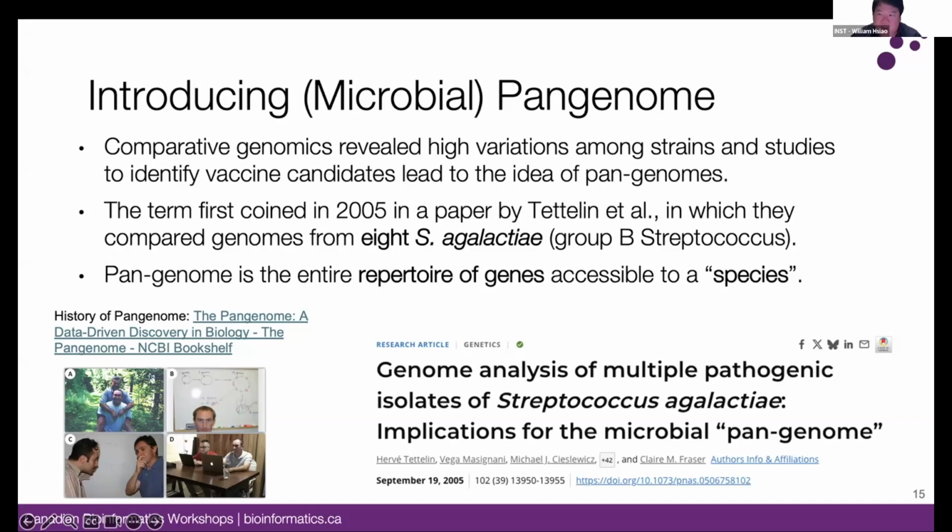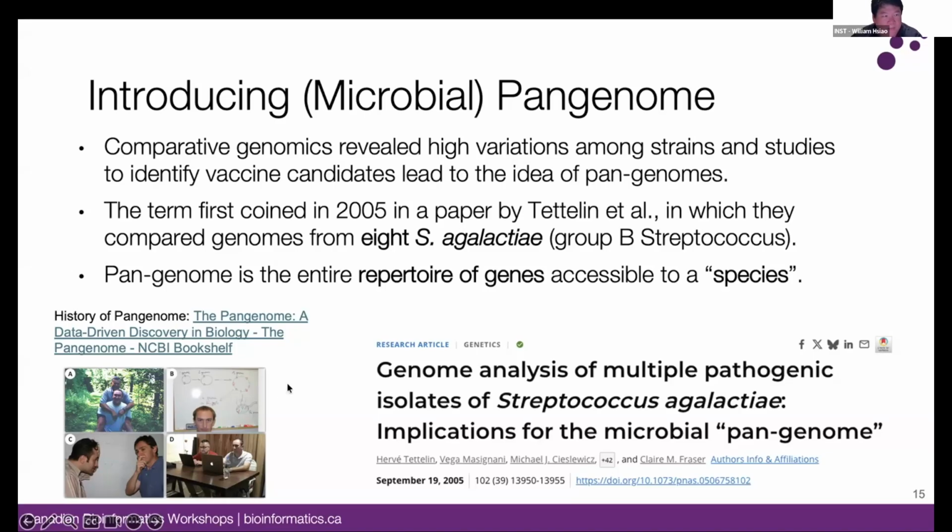And through osmosis, of course, we heard quite a bit about pangenome analysis and development at the time. And you can see in the picture here pictures of Hervé here and here and some other people in the group.